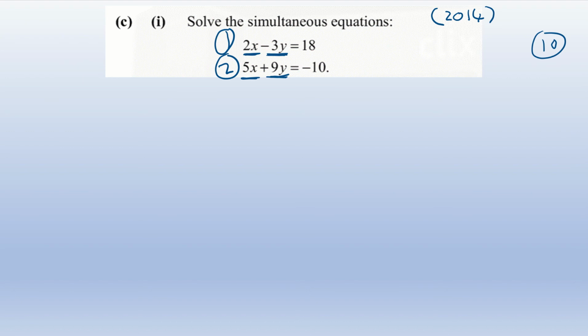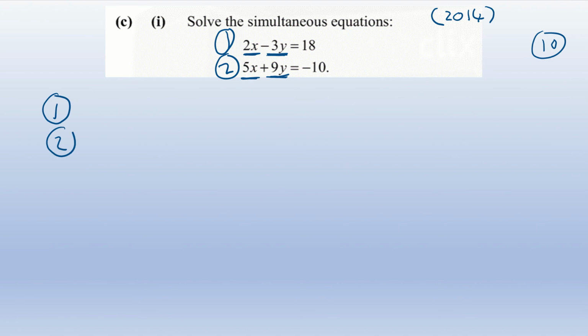So in this question, we have one extra step to do at the start to manipulate one of our equations, or two of them, so that we're able to get one set of variables looking like the other.